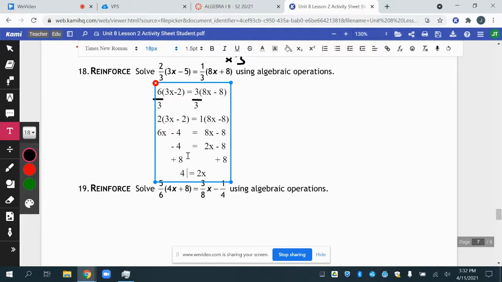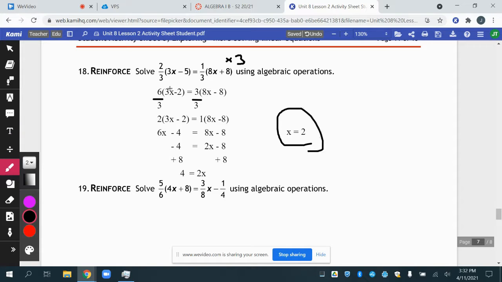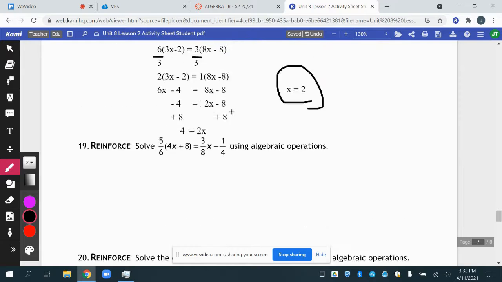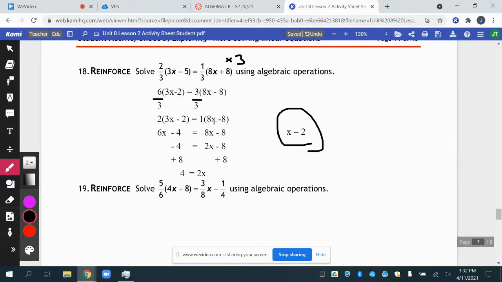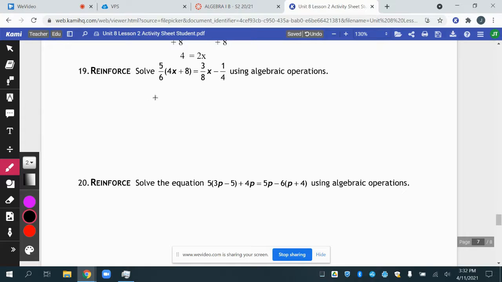Wait, that's right. Which means x equals 2. A reminder, this is how it's done. When you skip all of this stuff, you're not doing yourself a favor because this is what we're learning, this method. Algebra, the word algebra, literally means the method.